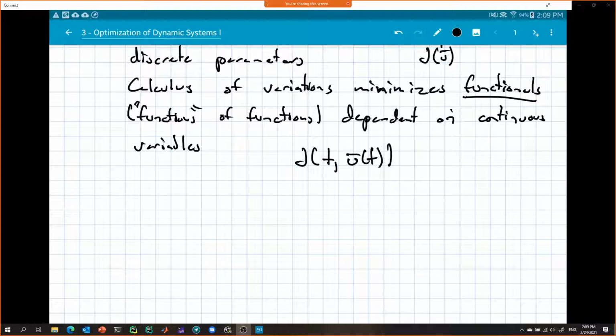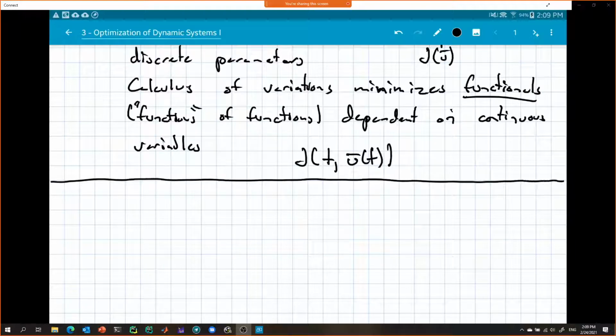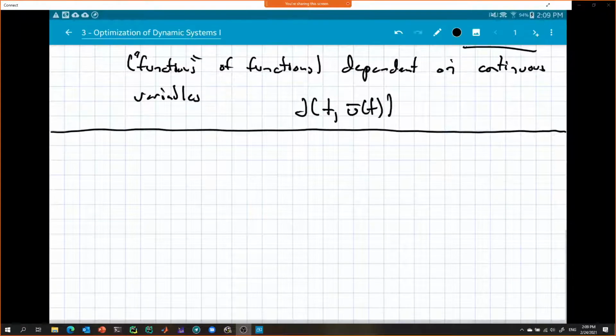So moving on, as we build up this calculus of variations, I'm going to make a distinction between the derivatives you know and love and variations.